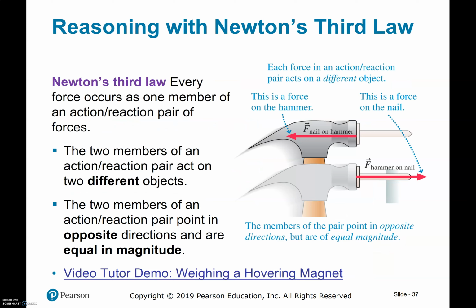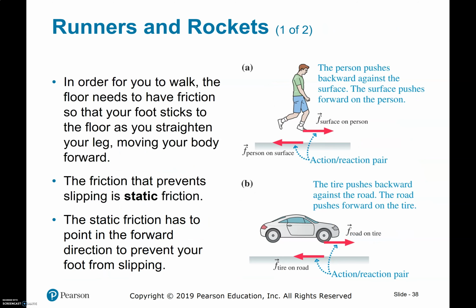So Newton's third law: every force occurs in pairs, action-reaction. They act on different objects and they have equal and opposite magnitude. Newton's third law is a very important law. It's basically the law that allows you to move. For instance, the friction, right?